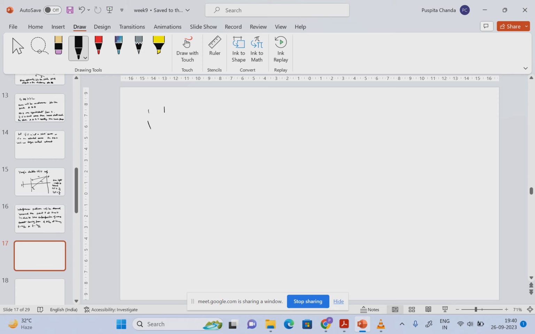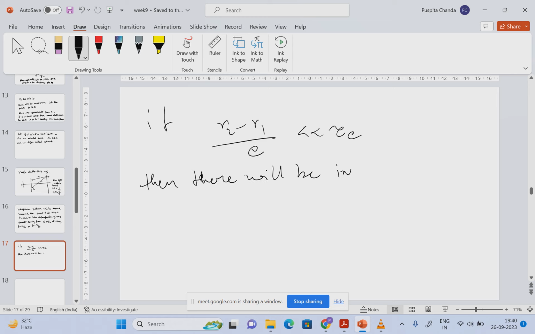If (R2 minus R1) by c is less than tau c, then there will be an interference pattern.